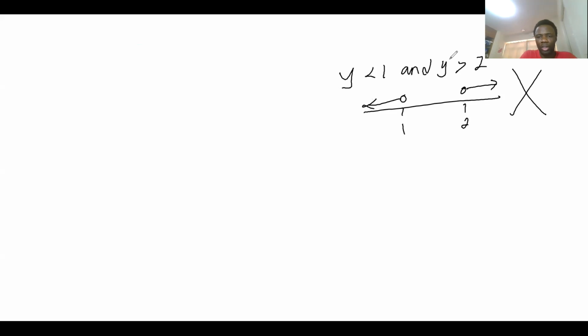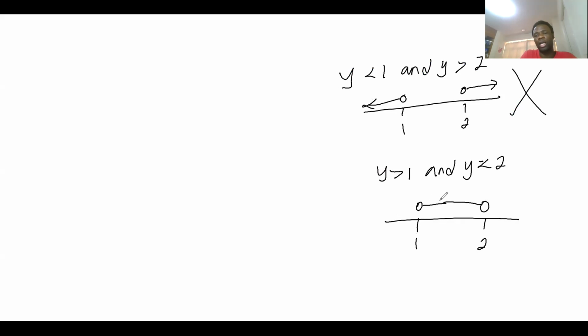If on the other hand you have y greater than 1 and y less than 2, on the number line this is 1 and this is 2. Greater than 1 goes forward, less than 2 comes backward, so they can be combined.